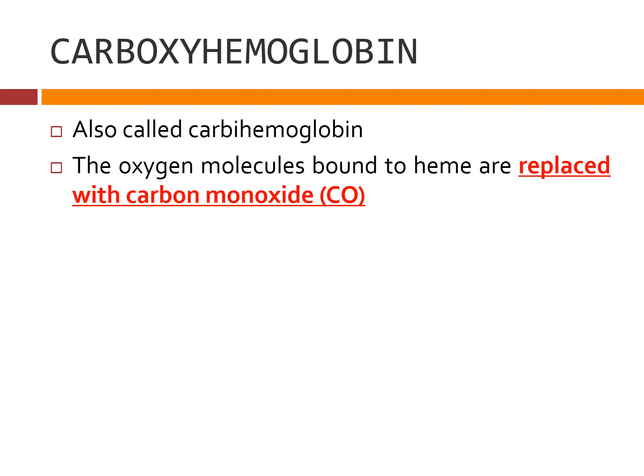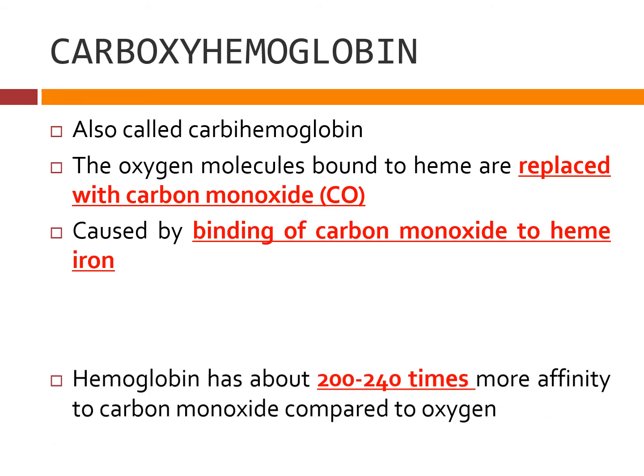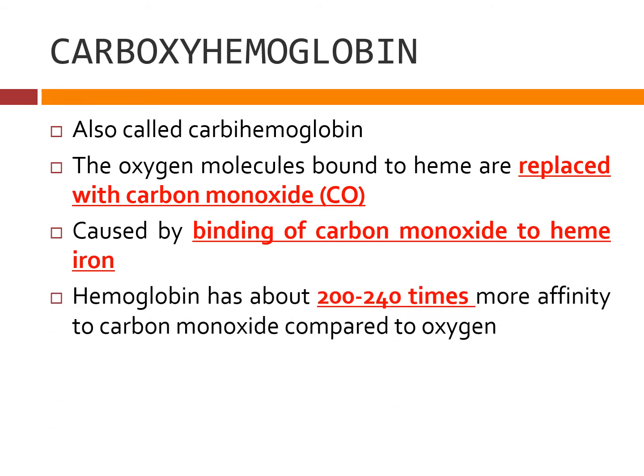So instead of an oxygen molecule attached to the heme, carbon monoxide, or CO, will attach to the heme of your hemoglobin. It is caused by binding of carbon monoxide to the heme iron, and hemoglobin has about 200 to 240 times more affinity to carbon monoxide compared to oxygen.